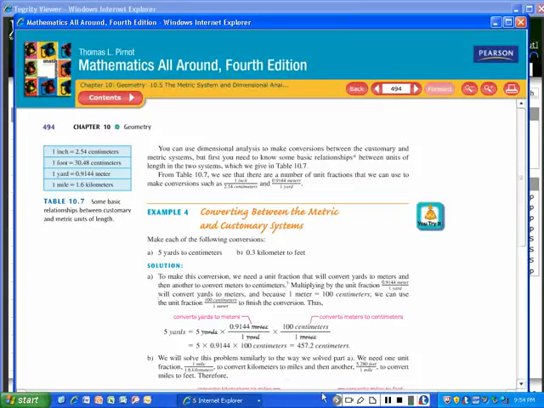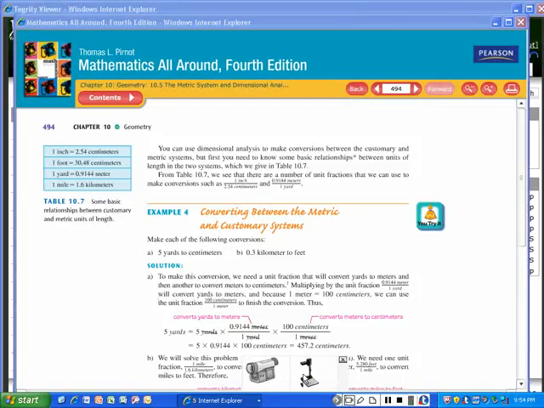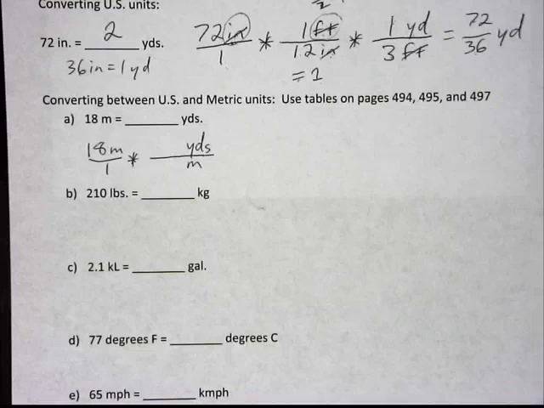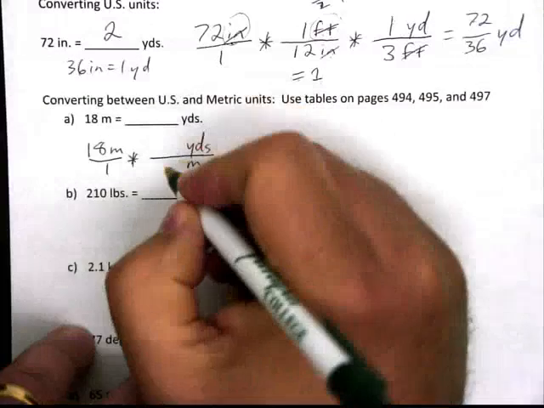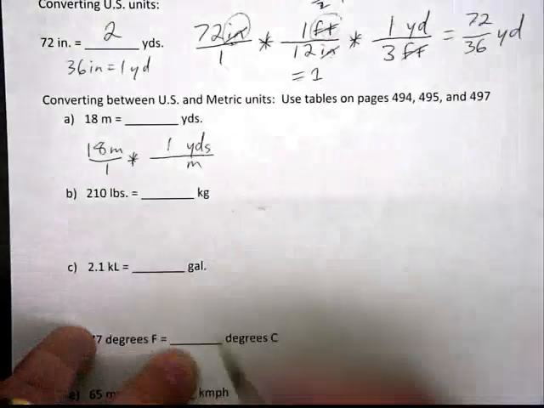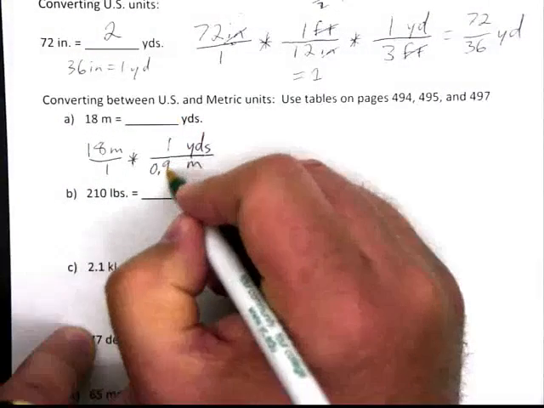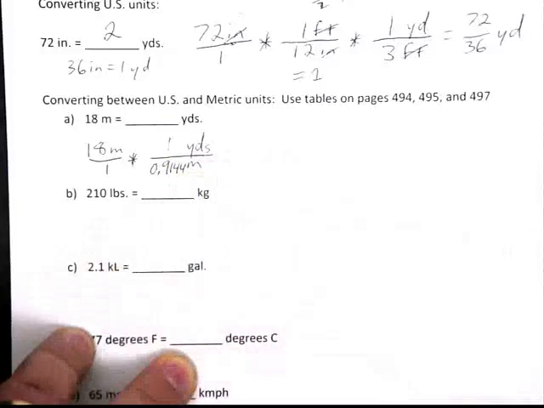So I'm going to use that to solve how many yards there are in 18 meters. So let's see, we said that 1 yard is equal to 0.9144 meters.